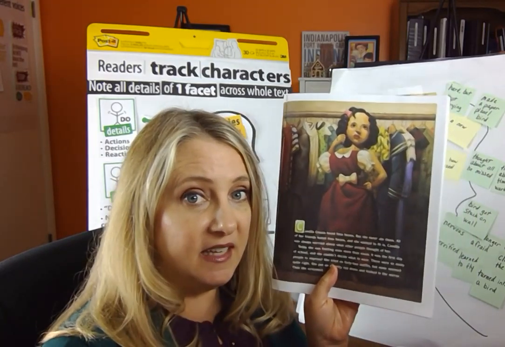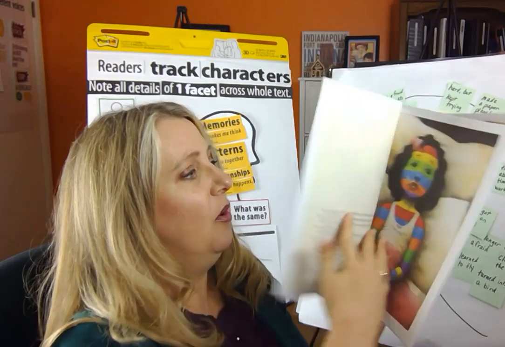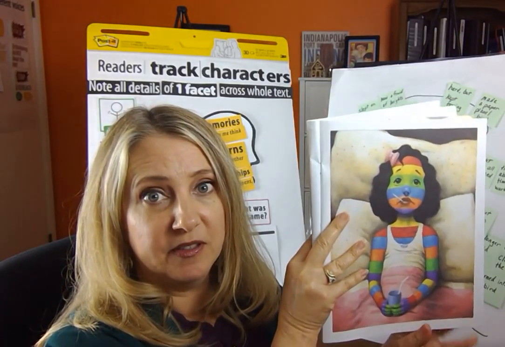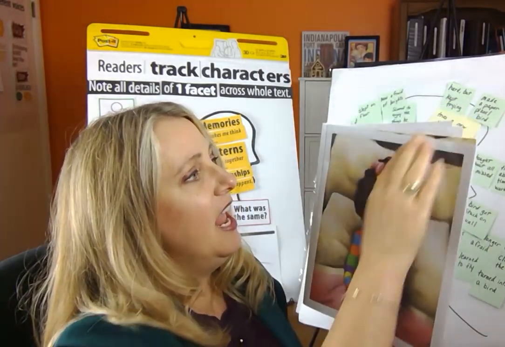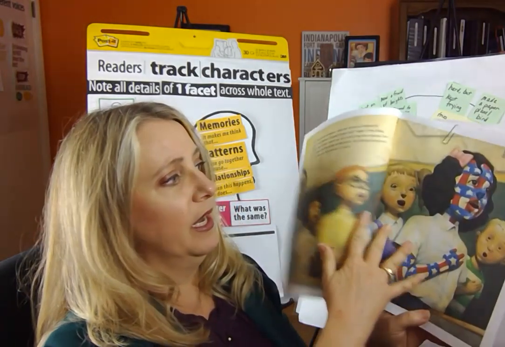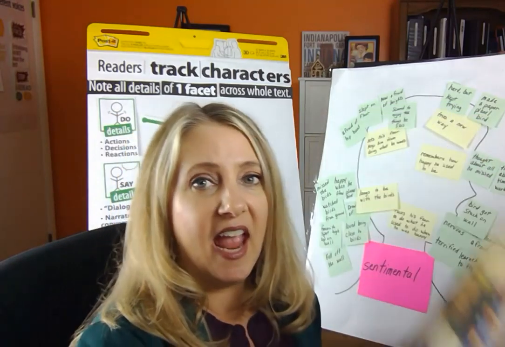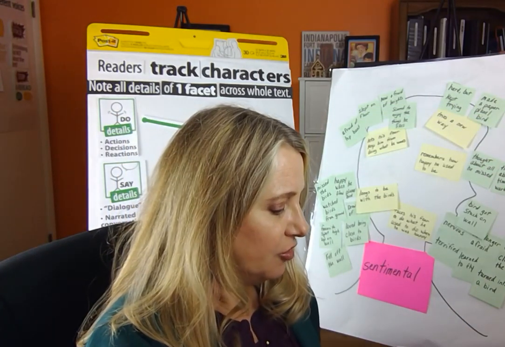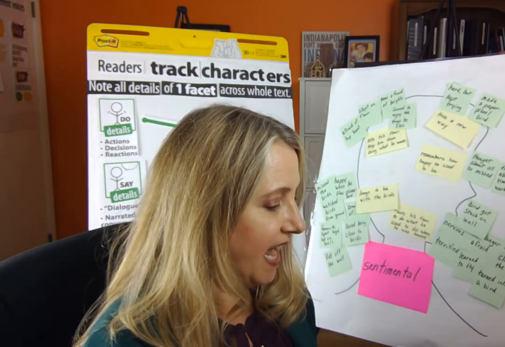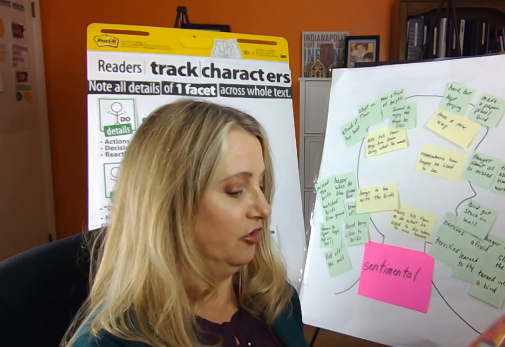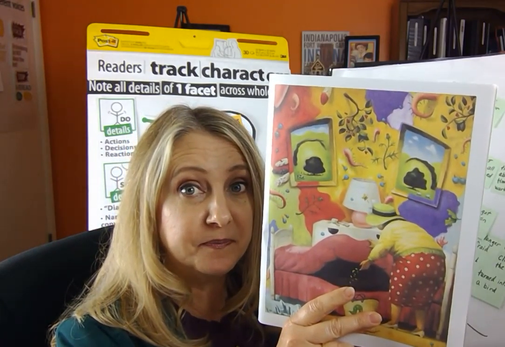Okay, but then she woke up with a case of the stripes. Remember that? And everything was getting really bad. But then at the end of the story, she was different. She had a character change. So remember this part?